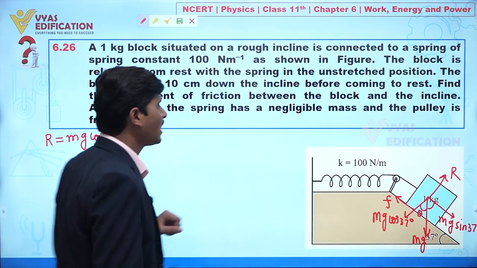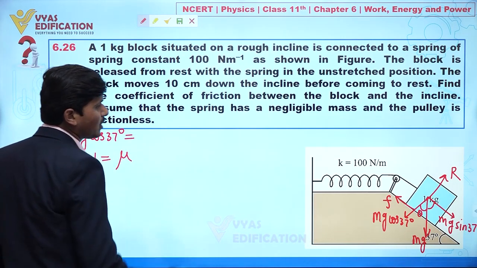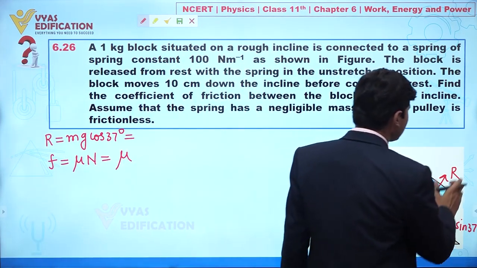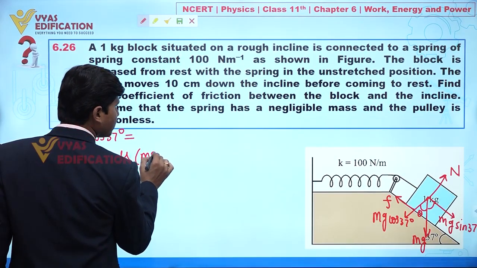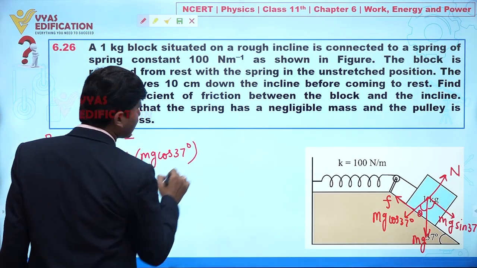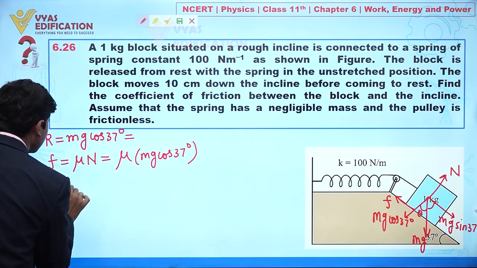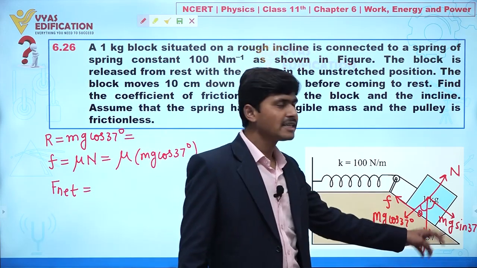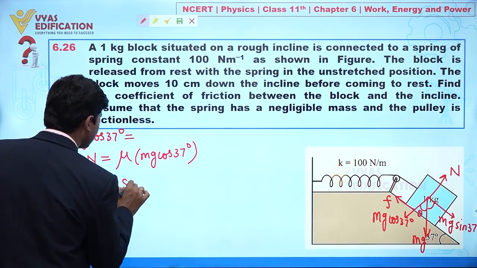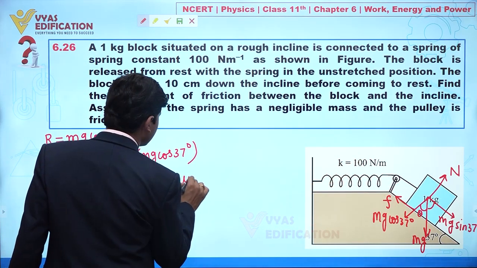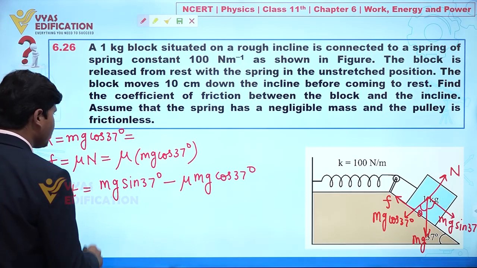How can we write the value of friction? Friction can be written as mu times N, the normal reaction, which is mu mg cos 37. Now what is the net force acting in the downward direction? mg sine 37 is acting downward and the friction force is acting upward. So net force is mg sine 37 minus mu mg cos 37.